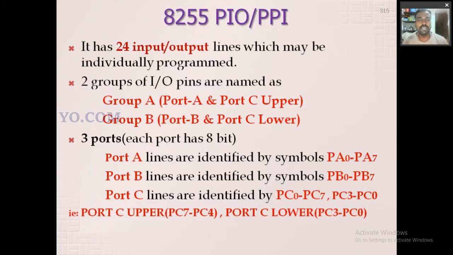Then next we are going to see the programmable input output or programmable peripheral interface. It has 24 input or output lines because it has three ports, each port having 8 lines, so 3 times 8 is 24 input or output lines which may be individually programmed.